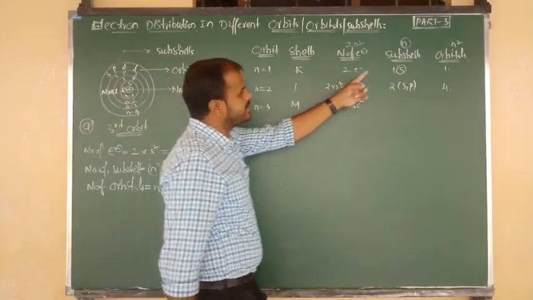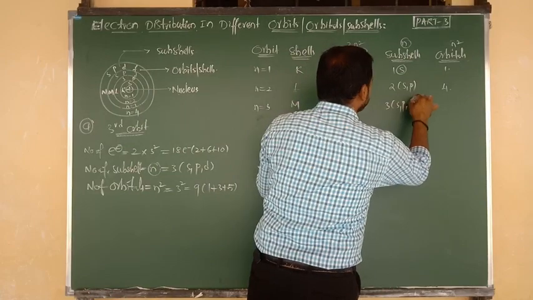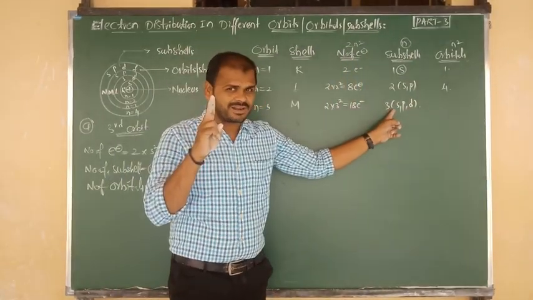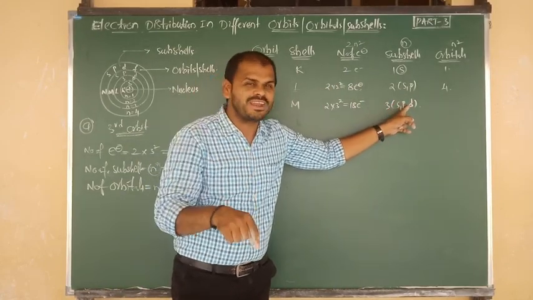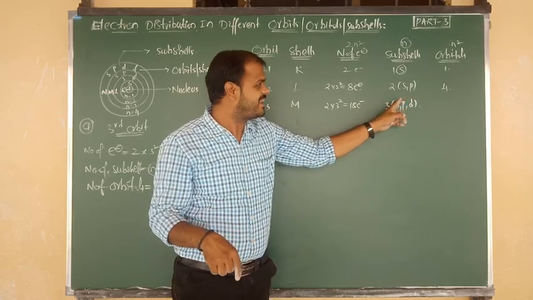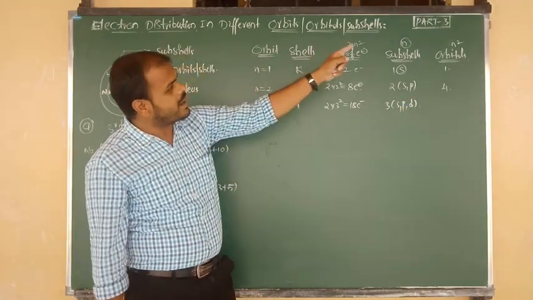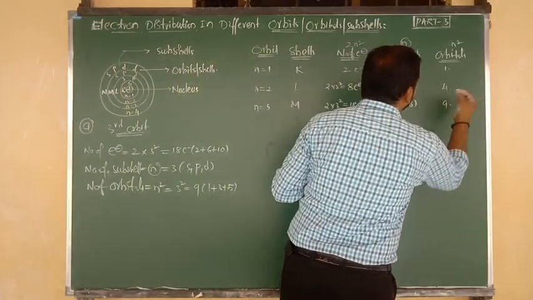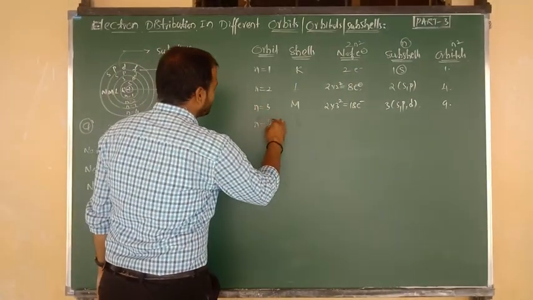The n value is 3, so there are also 3 subshells: S, P and D. S contains a maximum of 2 electrons, P a maximum of 6, D a maximum of 10. 10 plus 6 is 16, 16 plus 2 is 18, again you got the answer. The orbitals formula is n square, 3 square, which is 9.